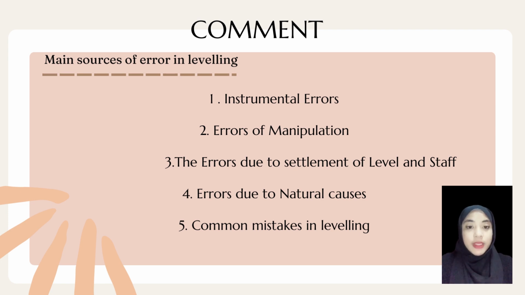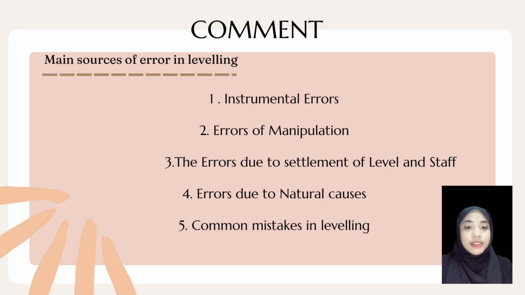Settlement of staff means at the change point, if the staff is held on soft ground, the ground may settle down during the time the instrument is shifted and set up on the next point.